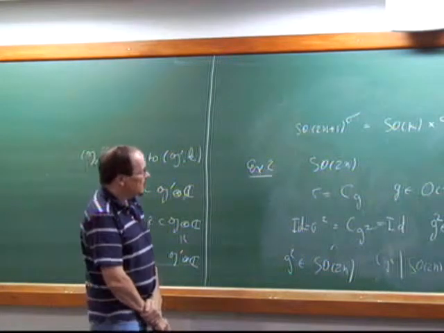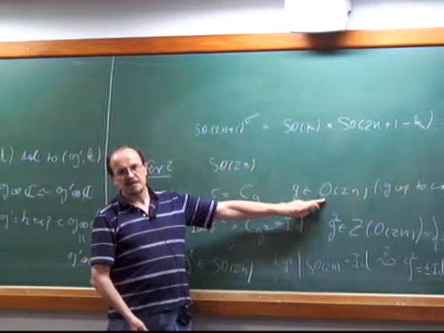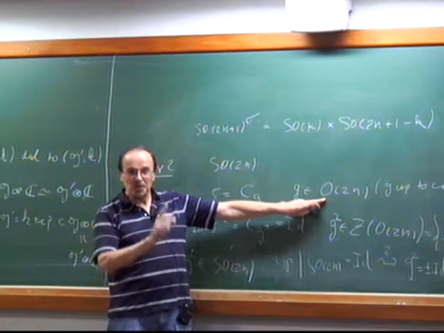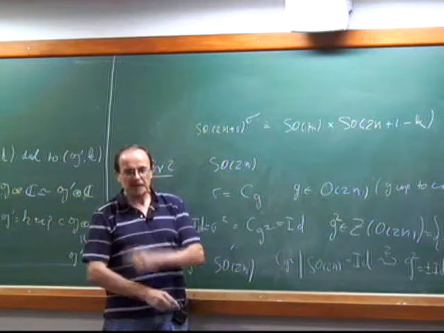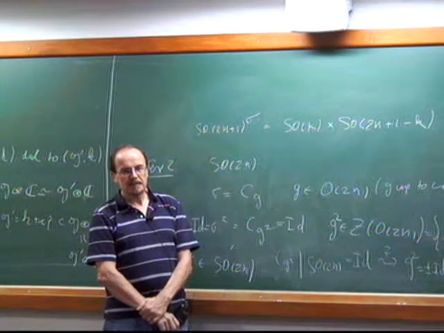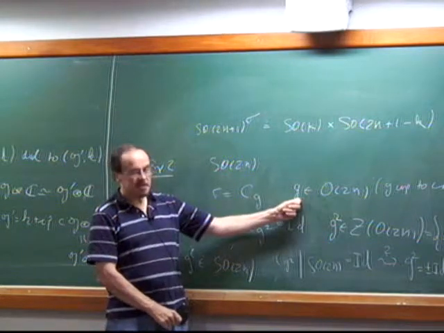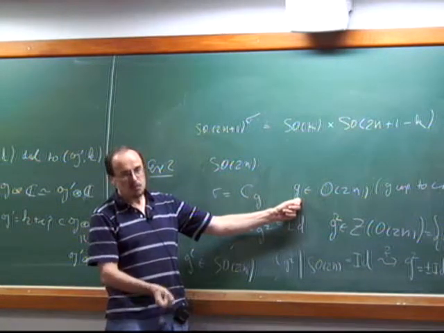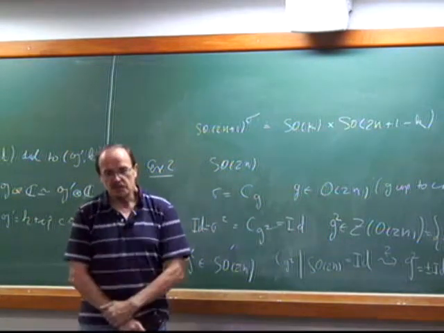And they were given by conjugation with something that lies in the other component. That's what the automorphism looked like when the group is Z2. Right? I'm using that fact now, right? That I can write it like this, where G lies in O2n. That includes both inner and outer ones. And that simplifies the argument.